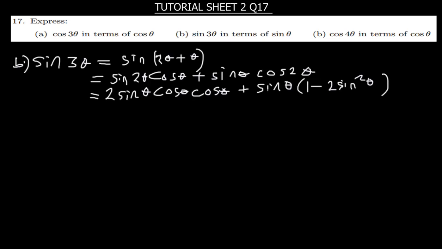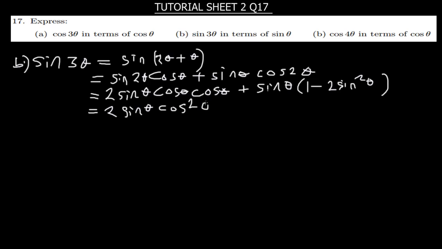Okay, now it's just a matter of expanding or multiplying it through. So we're going to have 2 sine theta, and then cos times cos, you have cos squared theta. And cos squared theta, you know, is just the same as 1 minus sine squared theta.